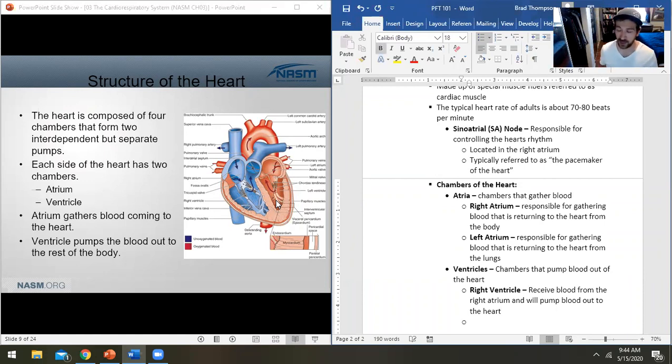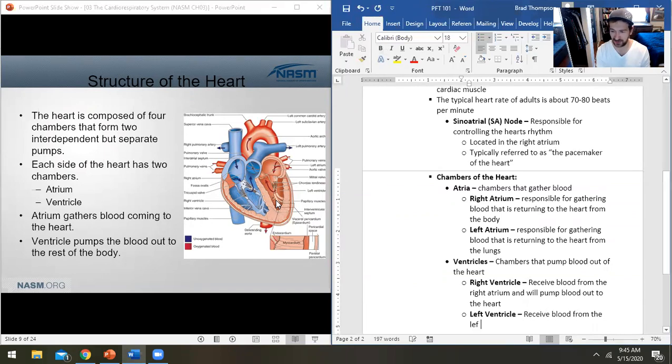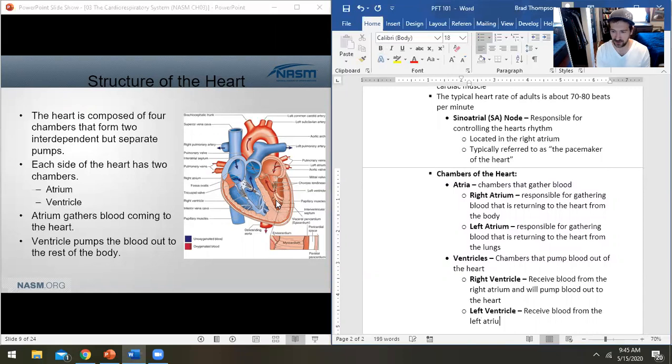Then that blood's going to come back from the lungs, gather in the left atrium, drop into the left ventricle, and get pumped to the body. So your left ventricle is going to receive blood from the left atrium and will pump blood out to the body.